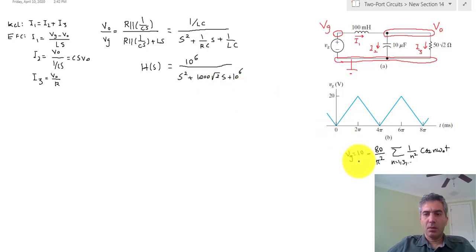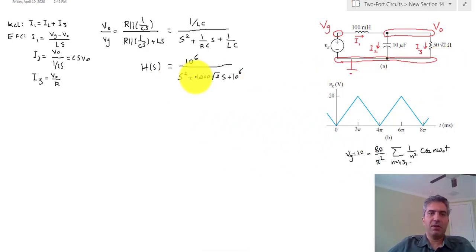Now as you can see here, this function actually ended up having a DC component, which is one of the amplitudes that you can calculate. And even for that DC component, the same thing is true. You can calculate the value of this function and multiply it by that DC, and it would give you the DC value of the output.